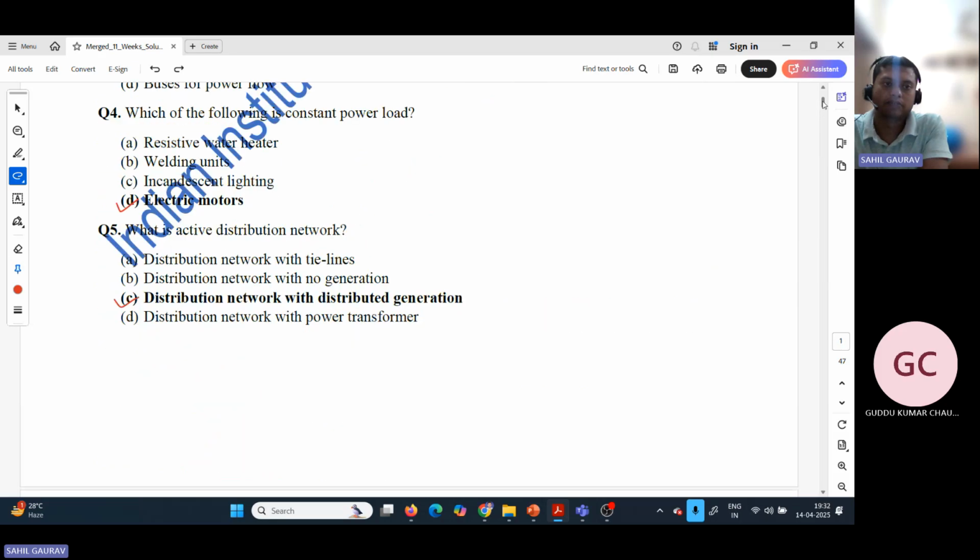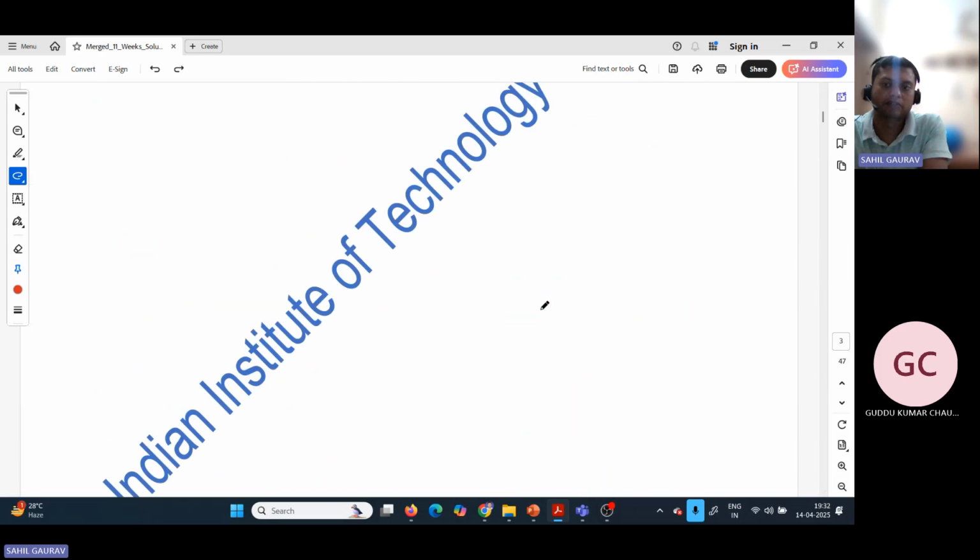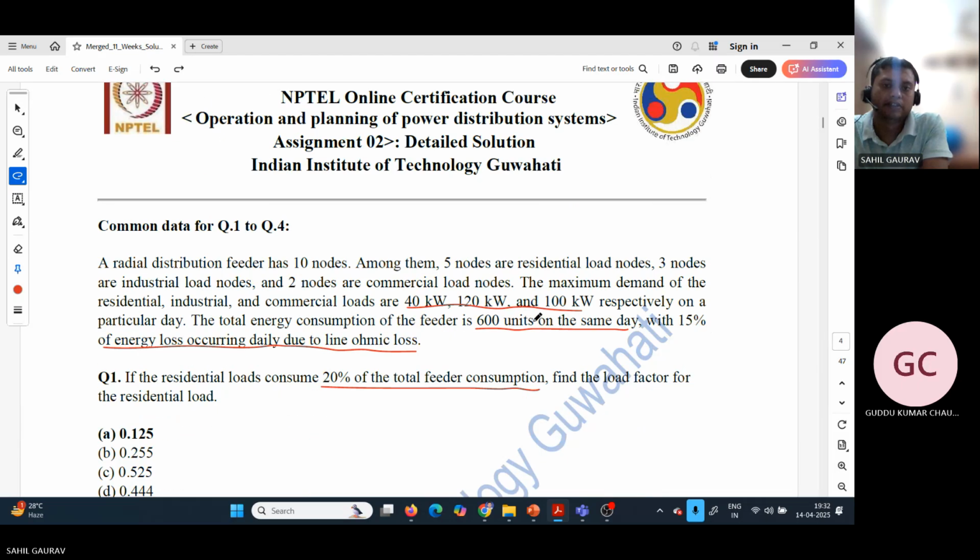Like in this problem, if you see, we are solving the first problem of assignment 2. Here, for residential, industrial and commercial loads, we have individual peak demands of 40 kilowatt, 120 kilowatt and 100 kilowatt. This is not the group peak demand.